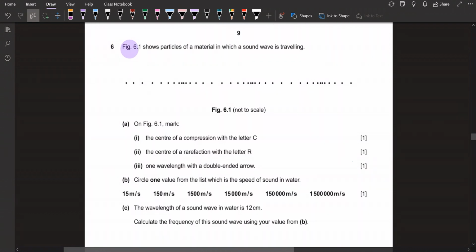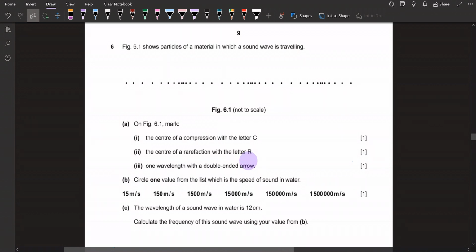Question number 6. Figure 6.1 shows particles of material in which a sound wave is traveling, and you can see the wave here. Part A says on figure 6.1 mark the center of a compression with the letter C. Part 2 says the center of rarefaction with the letter R. And the third part says one wavelength with a double-ended arrow.